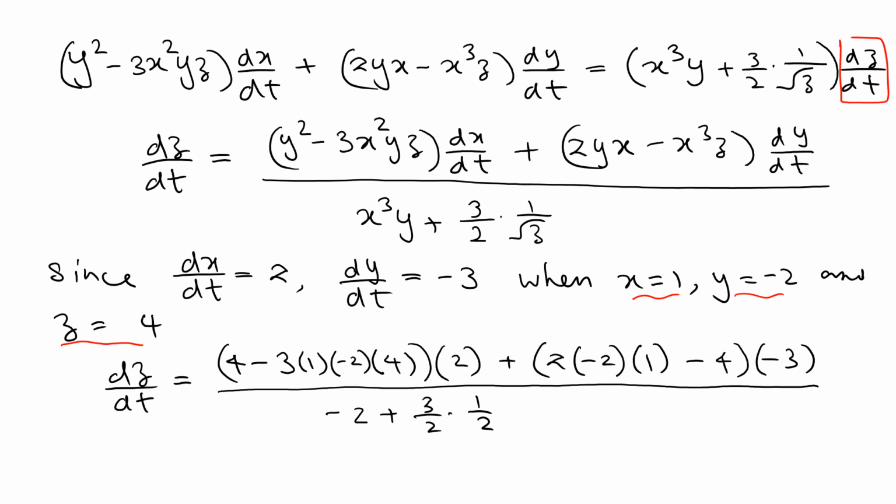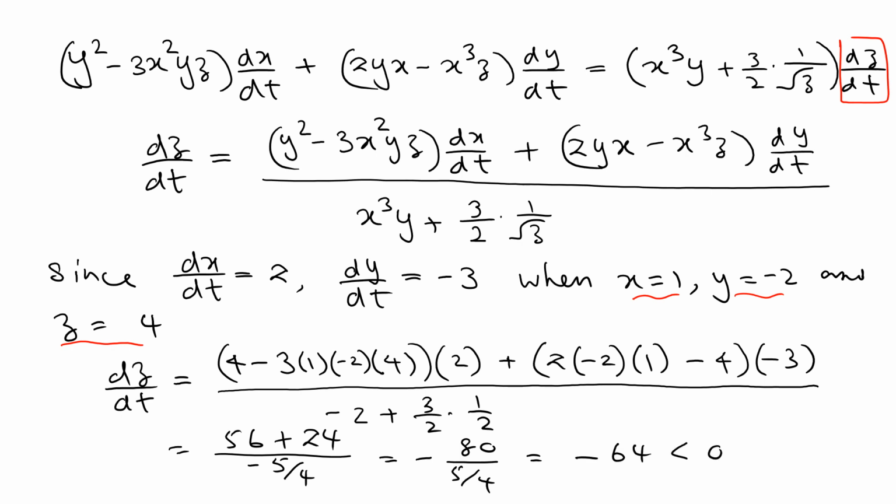If you simplify, you're going to get 56 plus 24 divided by negative 5/4, so the top becomes 80 over negative 5/4, which is going to be negative 64. So it's a negative number.